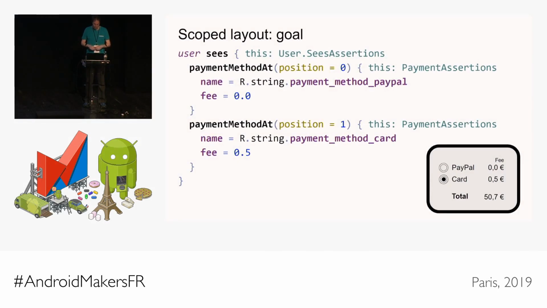Now I will show an example where these layers could come in handy. The problem is the repeated items on the UI. So we have multiple payment methods, and we want to verify them independently of each other.